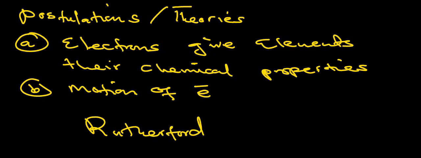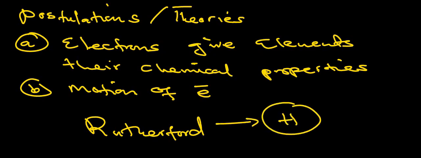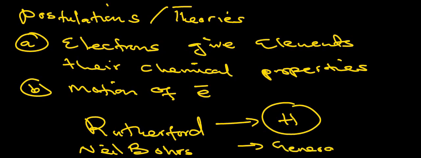Rutherford simply used hydrogen to explain the whole behavior of electrons, protons, and neutrons. Then after a certain period of time, Bohr came along, and he generalized all the principles that Rutherford came up with using a spectrum and everything else.